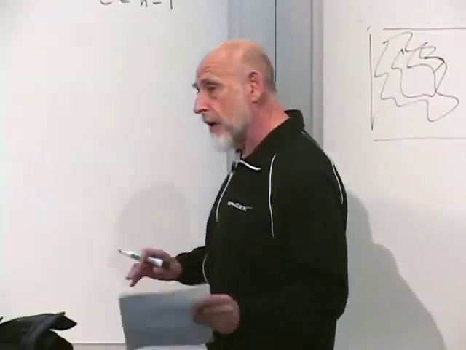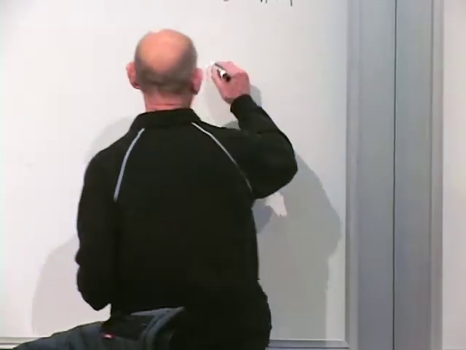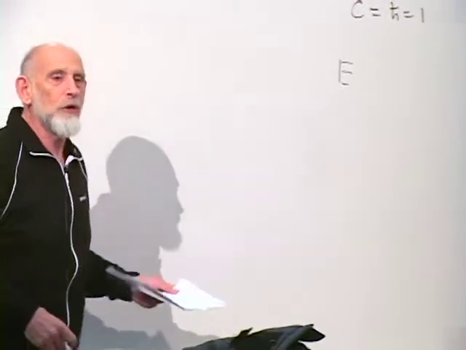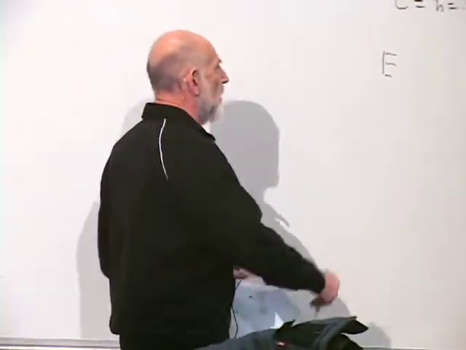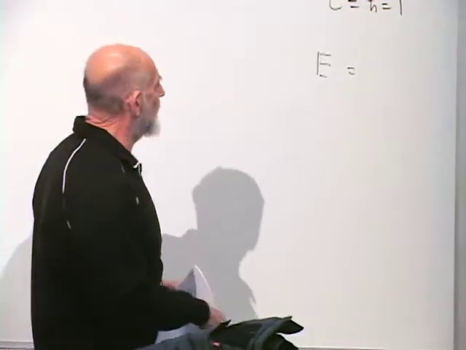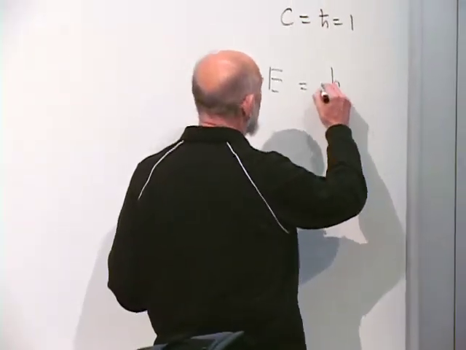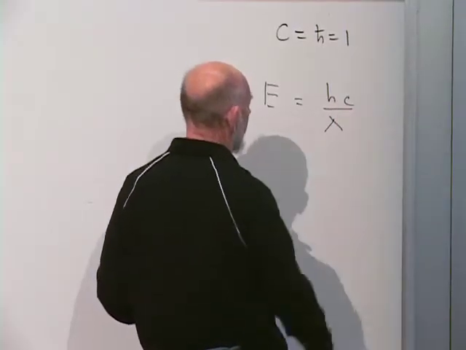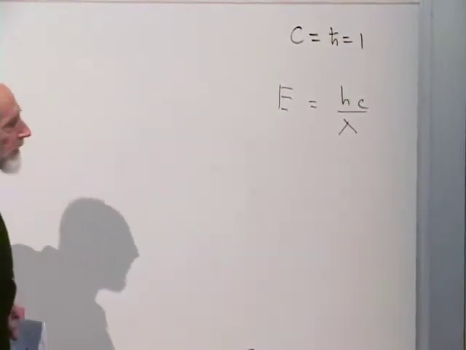I'll just remind you why that is. It's the fact that energy, which is the same as mass, all you need to do is write an equation. Find some equation for energy and look at the various dimensions, and we'll see what happens. In quantum mechanics, energy is given by Planck's constant divided by the wavelength times c, where lambda is the wavelength of a photon.